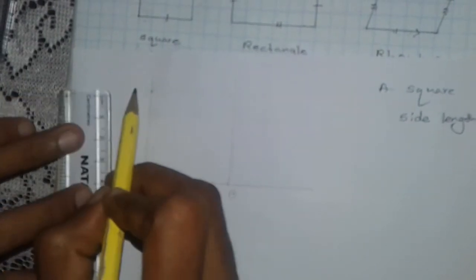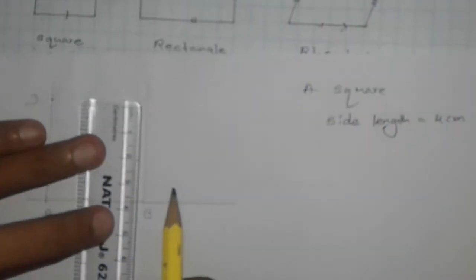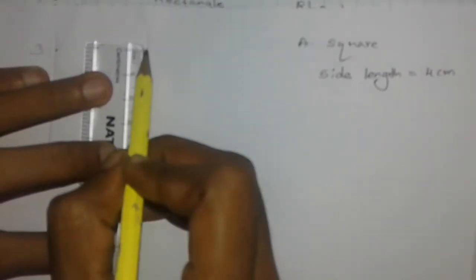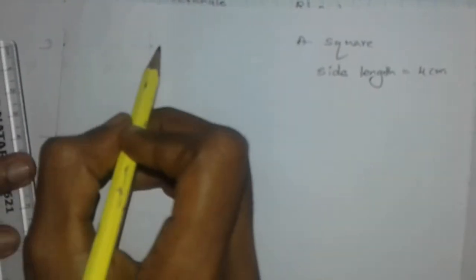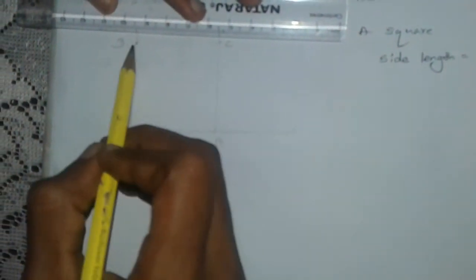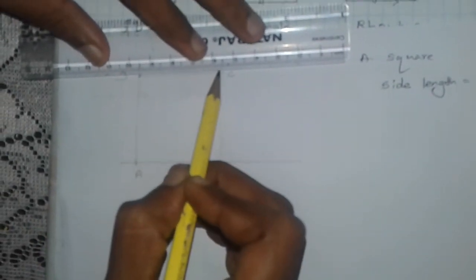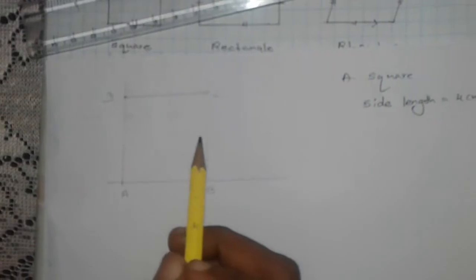This is the point. I mark this as D. And also here 4 centimeter, because all sides are equal in length. This point is C. Then join the C point and D point like this. So this is a complete diagram.